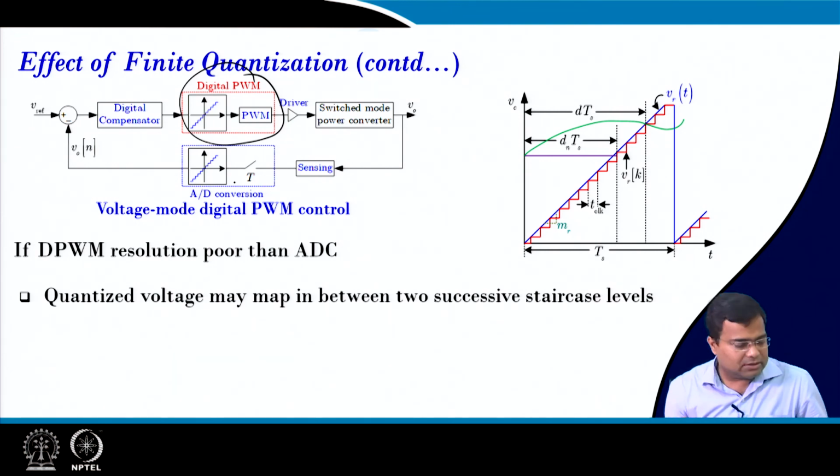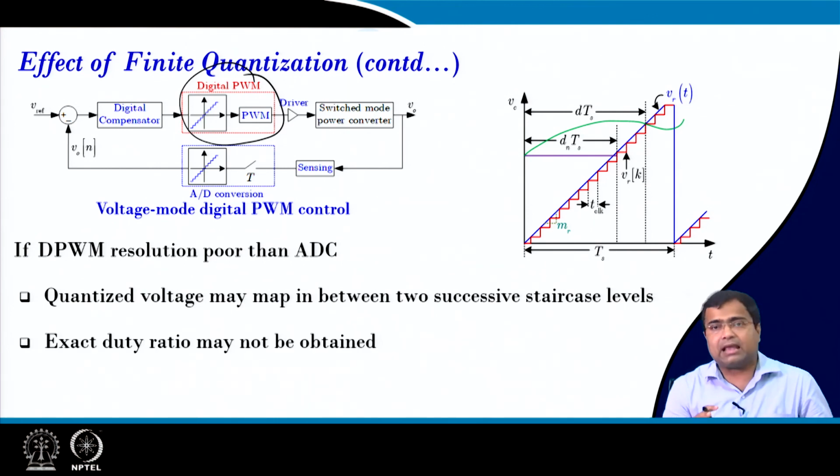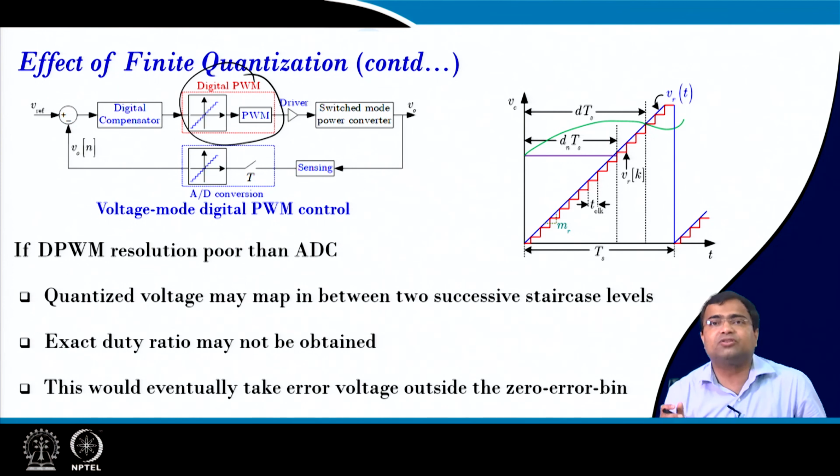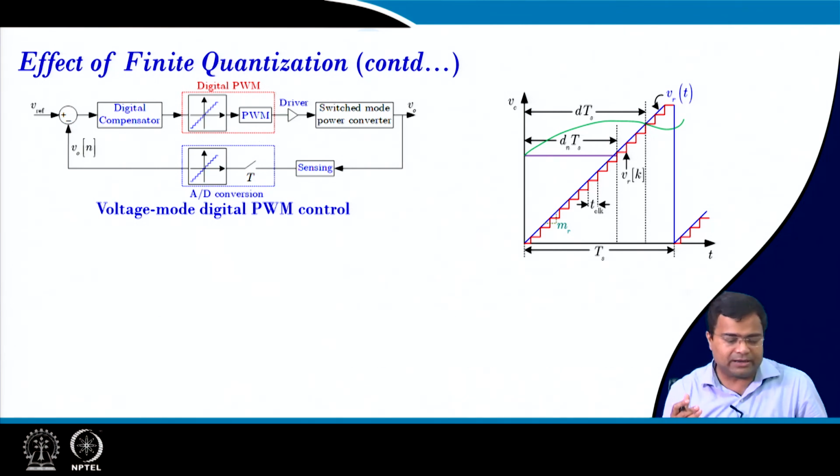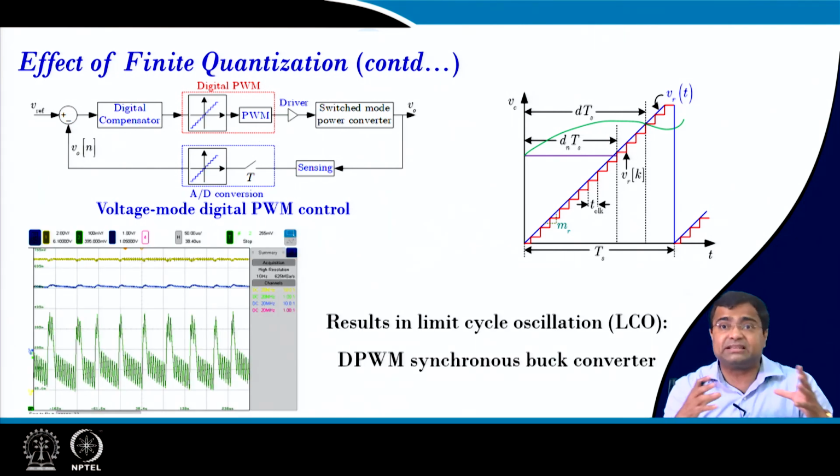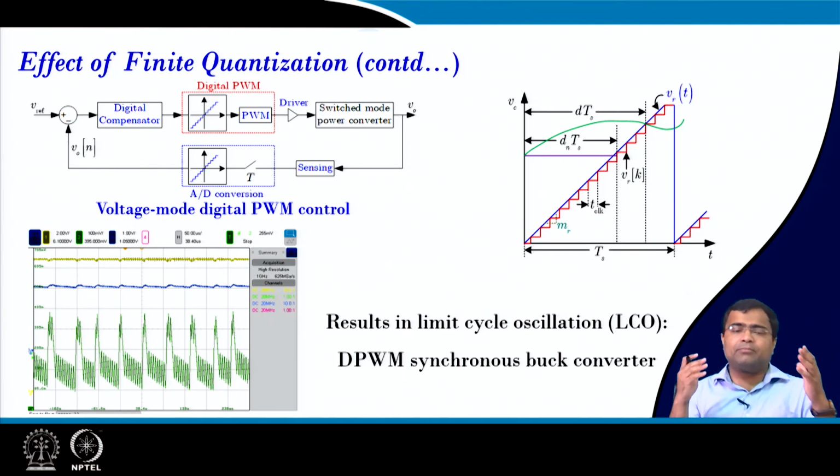That means, it may not be constant between two successive staircase steps, and exact duty ratio may not be achievable, and this may eventually go outside the zero error bin, and it may lead to some kind of instability. Sometimes we may call it a limit cycle, or it may be a high periodic behavior. So, this finite DPWM resolution can lead to a finite resolution problem, which may eventually go to either limit cycle or high periodic behavior.